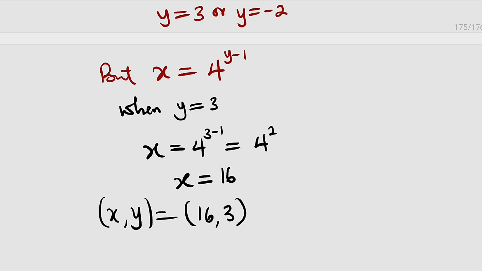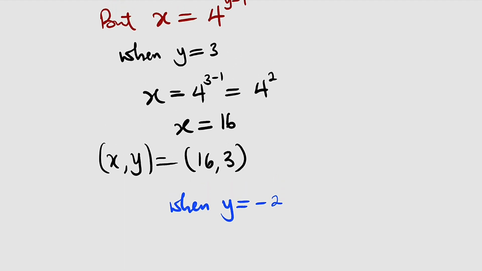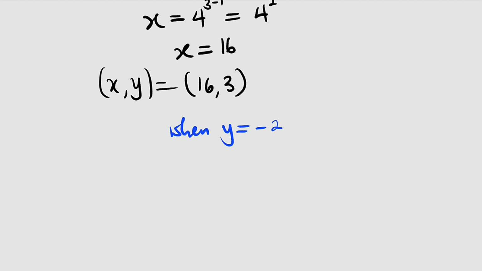Then you take the second value of y, which is negative 2. Remember, the equation is still x equals 4 raised to the power of y minus 1. So x equals 4 raised to the power of negative 2 minus 1, and this is equal to 4 raised to the power of negative 3.